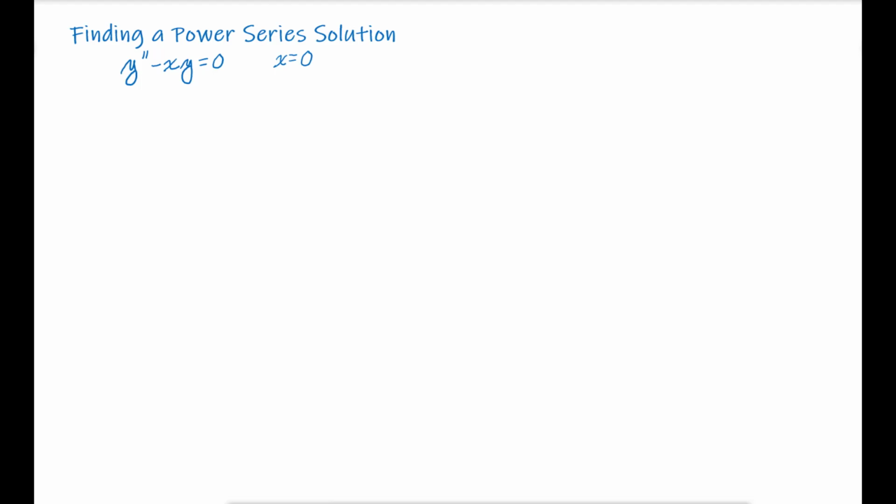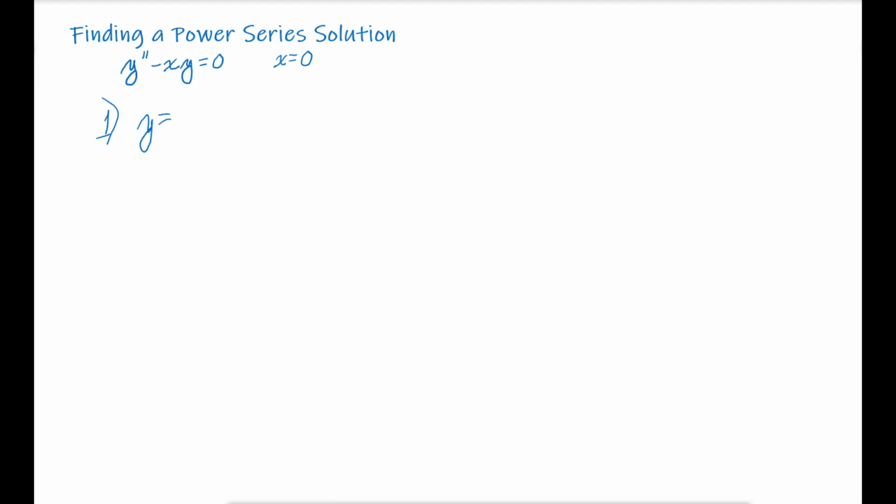So we can look at this and say, well, there are no singular points for this differential equation. So that means that there must be two power series solutions that are going to converge for all values of x. So the first thing we're going to do is say, what if there is a power series solution?